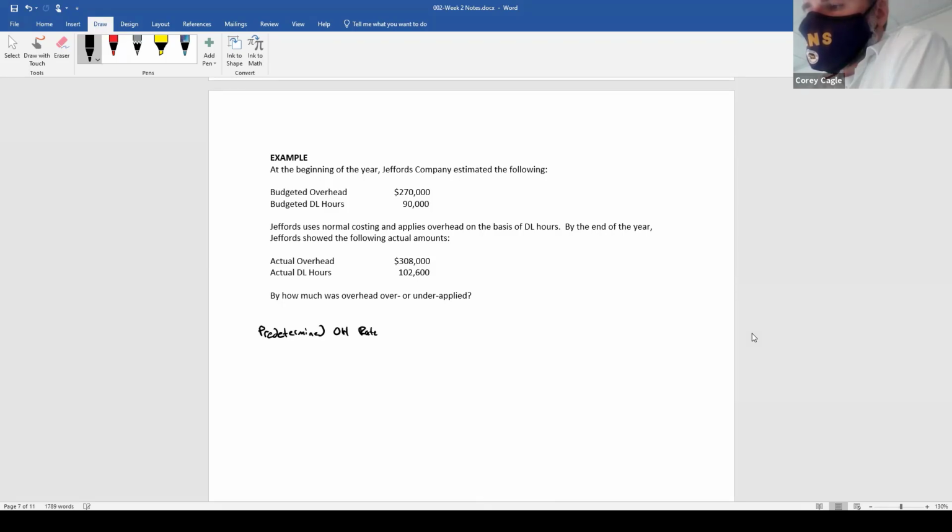It's going to be based on budgeted total overhead cost, and we're going to divide that by the total budgeted, whatever our activity is. Here they're using direct labor hours.